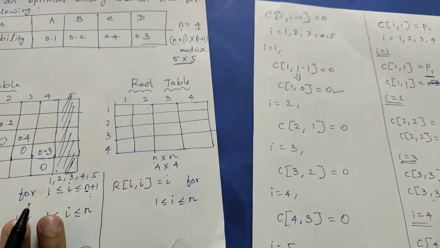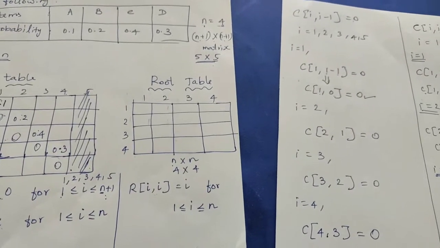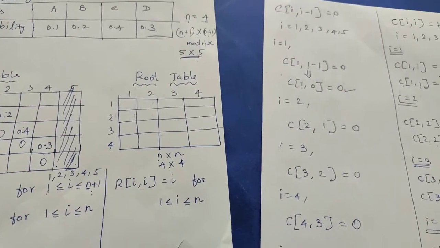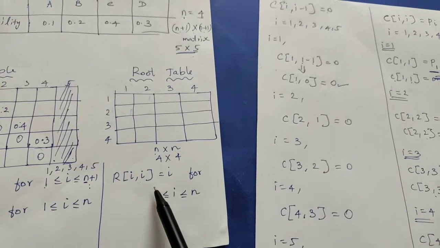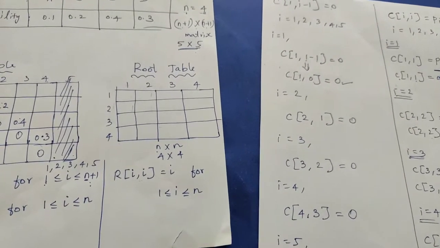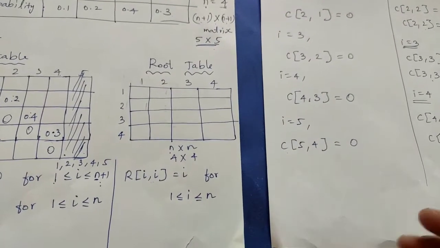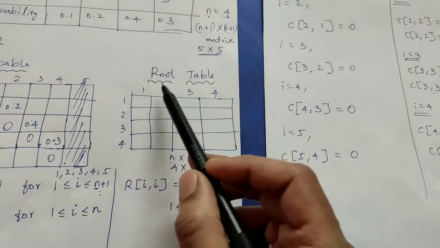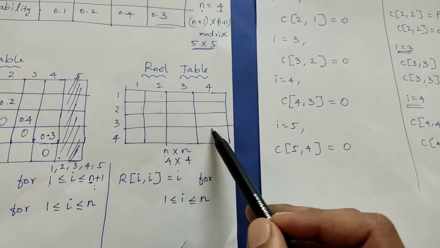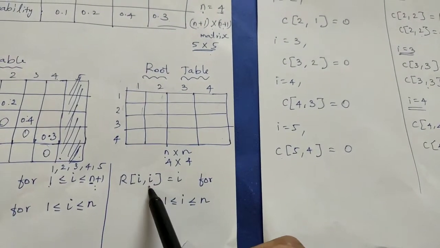Now we'll see how to fill the root table initially using this formula. That is, I am just going to fill only the diagonal part, this middle diagonal part using this formula.